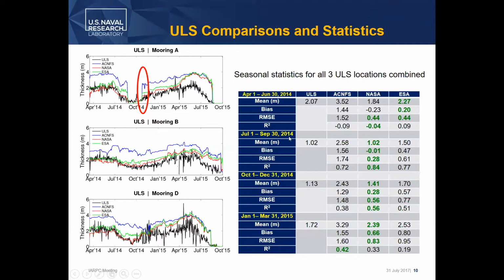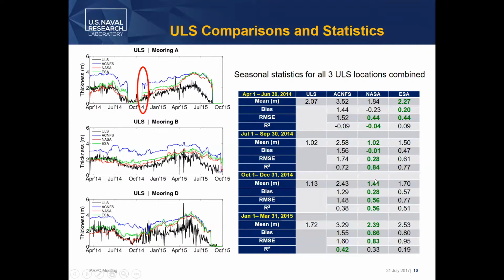So the summer season, which we're calling July 1st to the end of September, again, you can see the ULS average is a little over 1 meter. Arctic cap is 2.58, whereas in this case, the NASA nails it, 1.02. ESA is a little higher, but the take-home point is you can see consistently lower biases, mean square errors, and for the most part, we have a higher correlation coefficient.